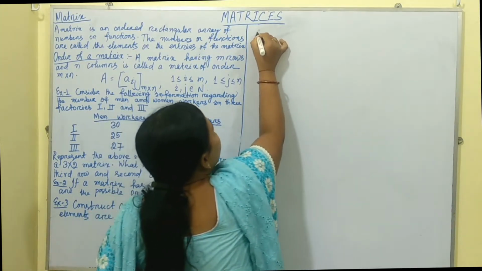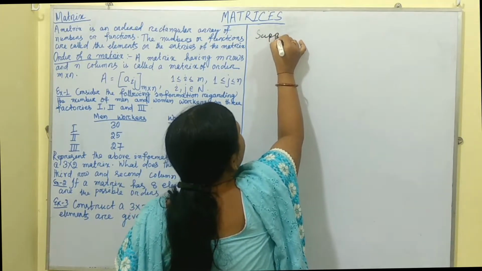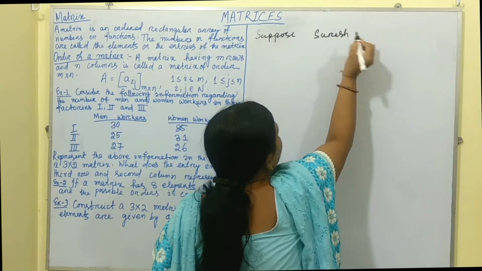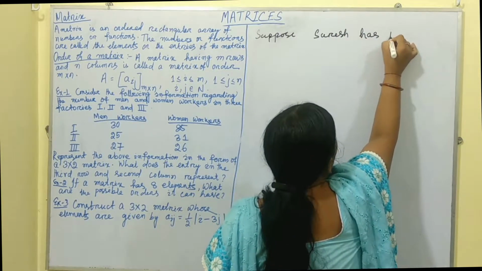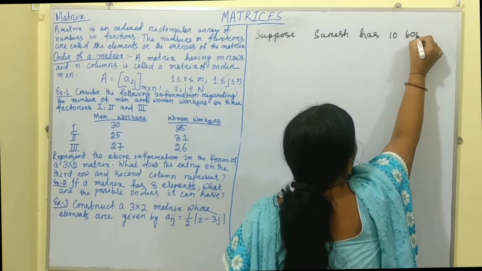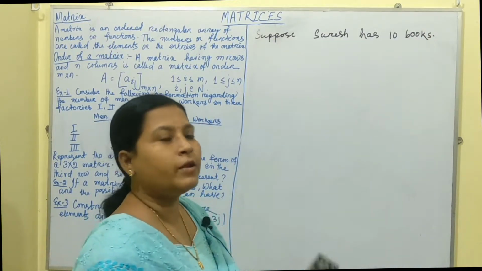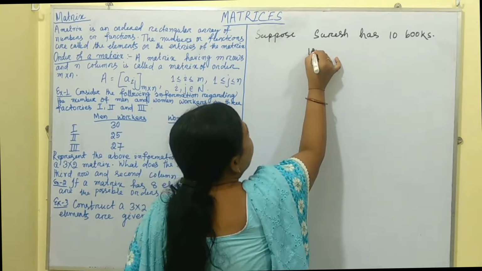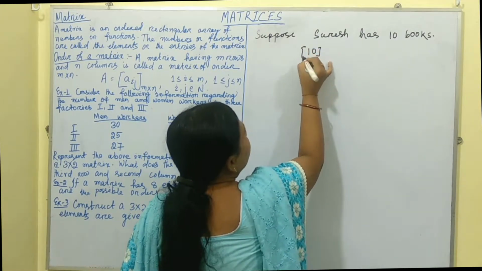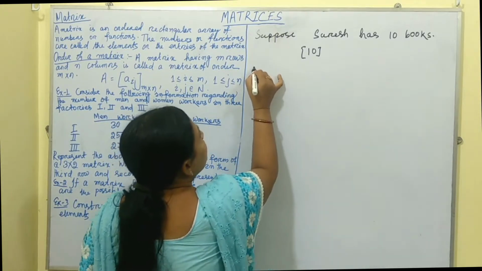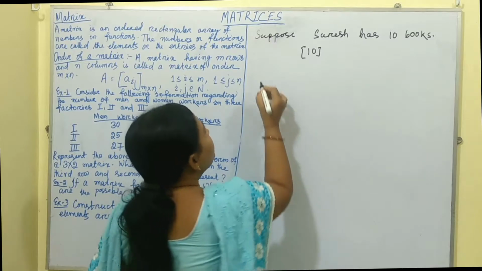Suppose Suresh has 10 books. We express this information in matrix form. This is an example of a matrix. Let us take another example.